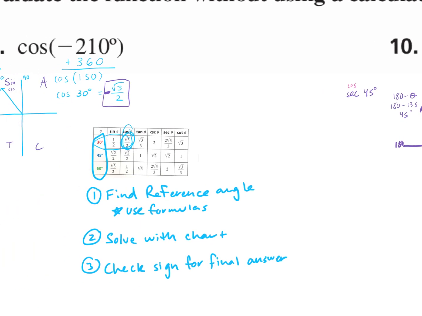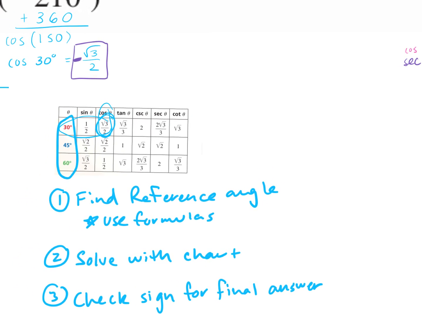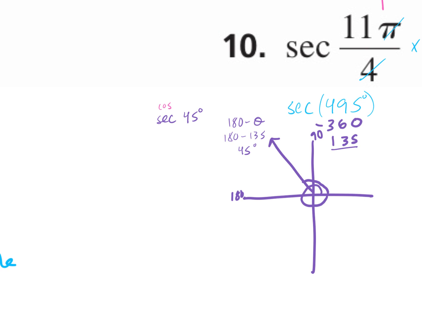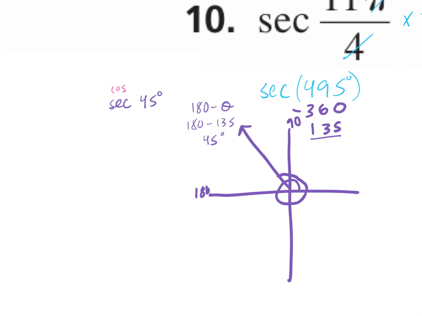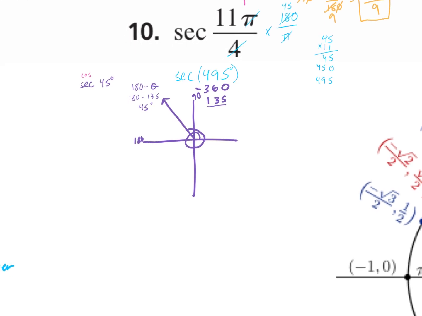Oh, it gives us secant. Perfect. So secant of 45, we go to secant, 45. That would be square root 2. So secant of 45, I'm going to write it down here so we can see the whole example. Secant of 45 is square root 2, according to our chart.